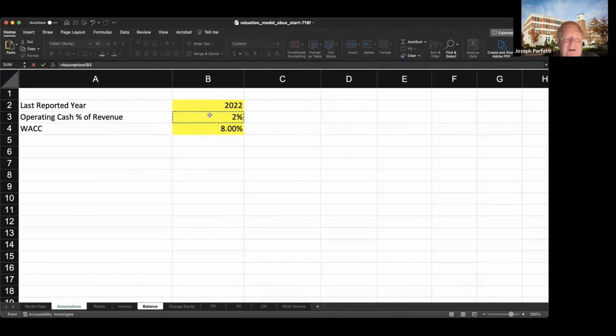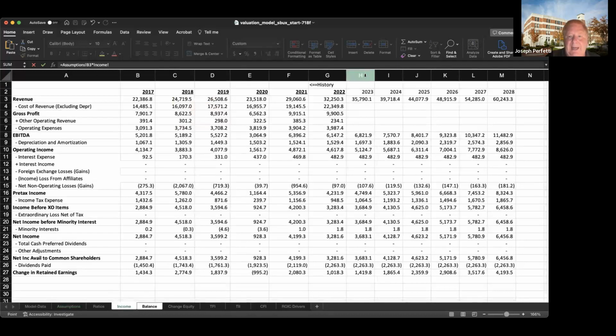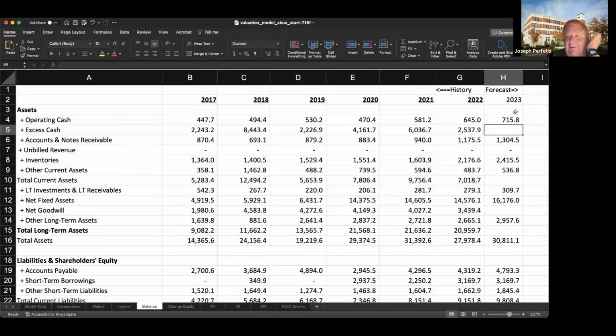That's the assumption we're going to start with. It's the one I mentioned in class last week. 2% of sales is 1 week of cash. So 2% of revenue, assumptions B3, times income H23. So 2% of H23 is 715.8 million of operating cash.